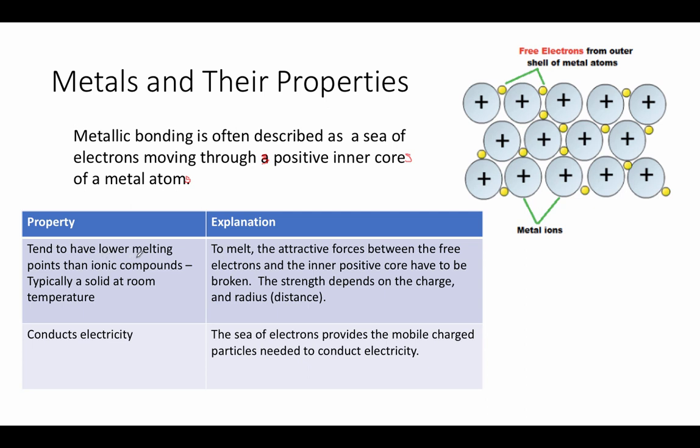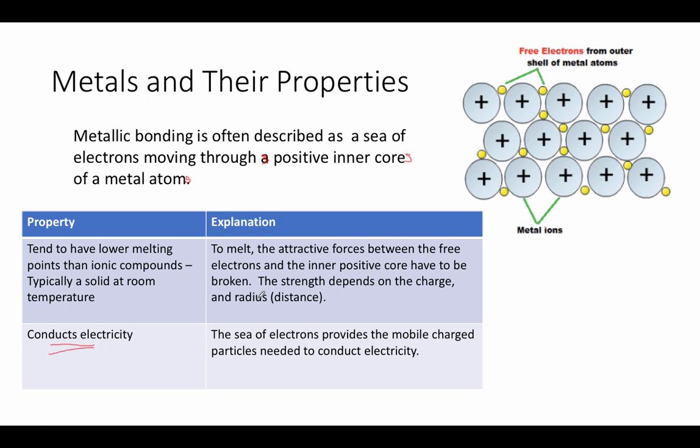Metals tend to have lower melting points than ionic compounds. They are typically, though, a solid at room temperatures. When you melt a metal, you are breaking the attractive forces between the free electrons and these inner cores. Okay, the strength of those bonds depends both on the charge and how far apart they are, or how big that inner core is.